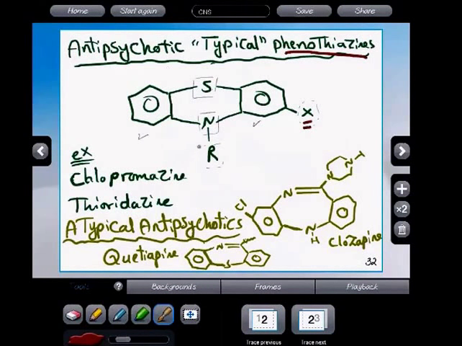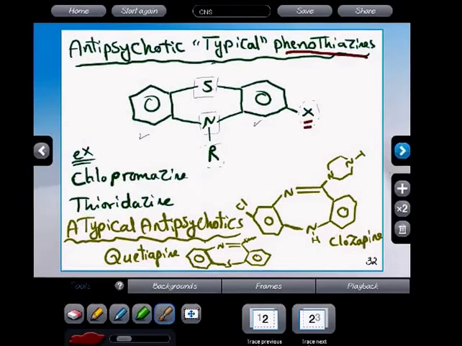If you look, they contain this 6-membered ring with sulfur and nitrogen in front of each other, and here is a benzene ring with a halogen, and here another benzene ring, like chlorpromazine and thioridazine. The atypical antipsychotics look like this, but with a 7-membered ring instead of the 6-membered ring, like clozapine and quetiapine.